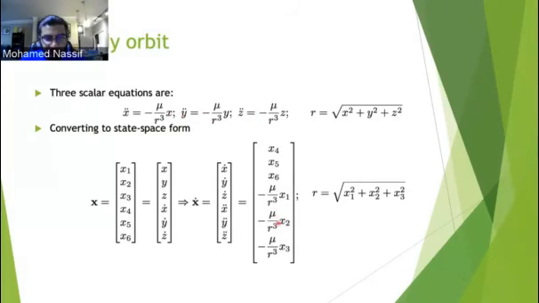So we plug that in, and before we do this calculation, we have to specify that r is the square root of x1 squared plus x2 squared plus x3 squared, because I don't want to type that out. It just makes an ugly matrix vector. So you can just specify this earlier. I am not going to show how it looks in state space form. I'm going to leave it as an exercise for you, but I will show you the results.